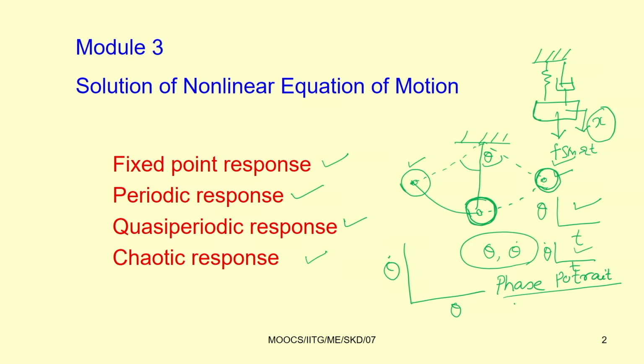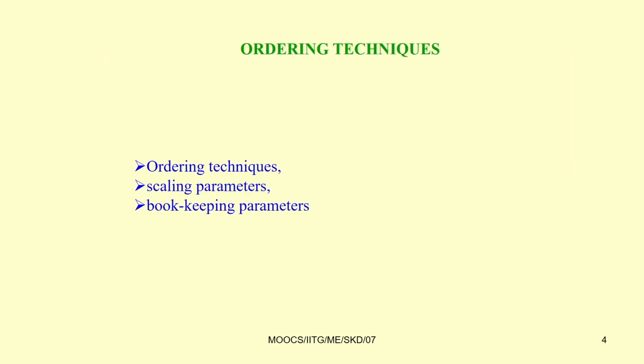Also there are bifurcations: how in a nonlinear system the frequency response behaves, why there is branching, and what we mean by multiple solutions. All those things we are going to study in this module. Already we have discussed the ordering technique in the case of a nonlinear system.